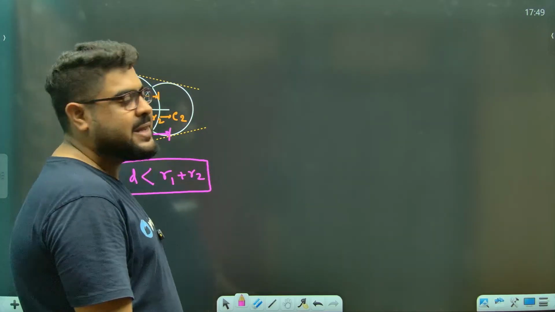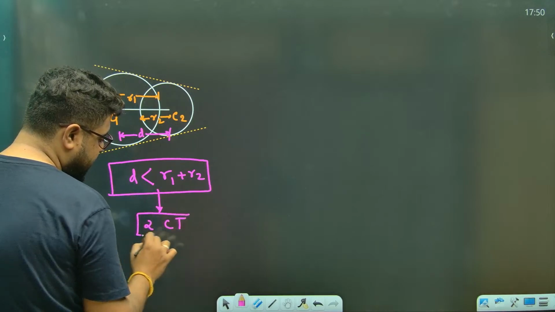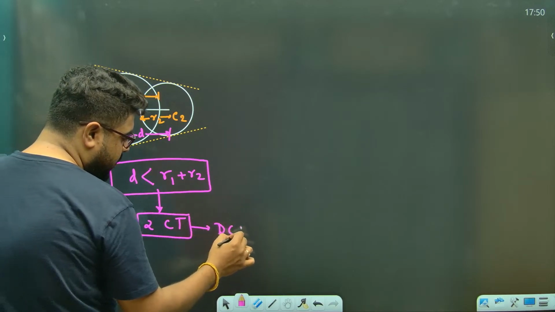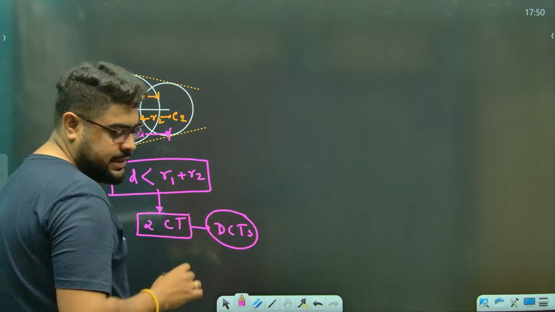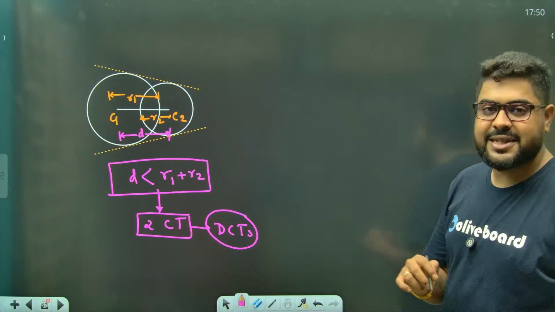Once this happens, we have only two common tangents, and both are DCTs only. We will not be having any transverse common tangents.